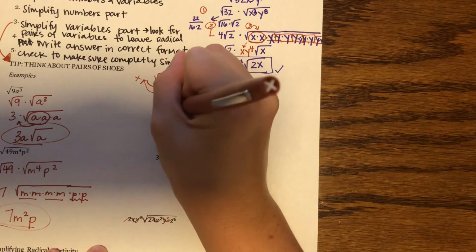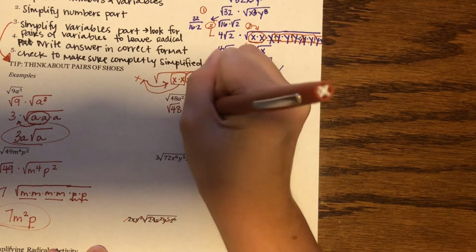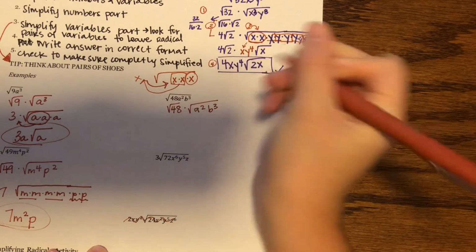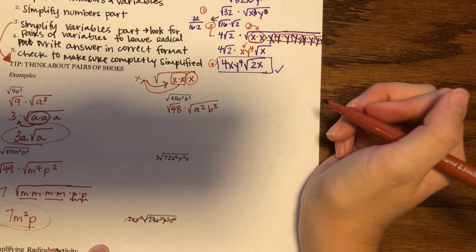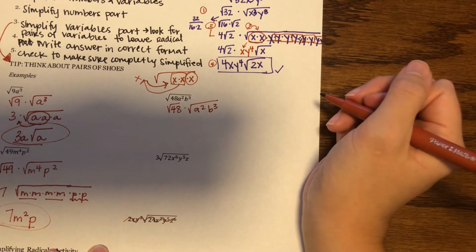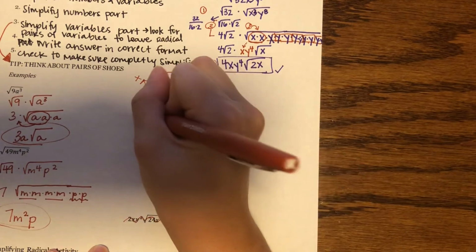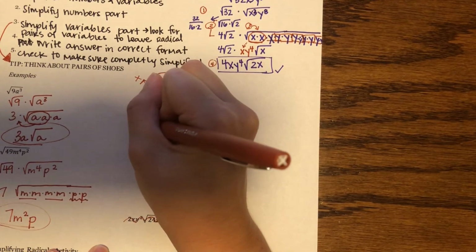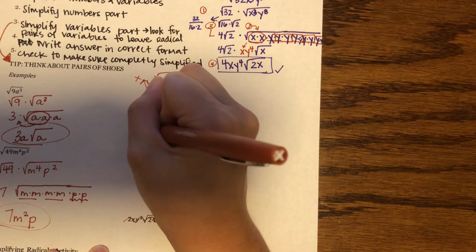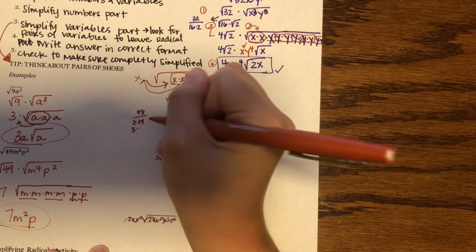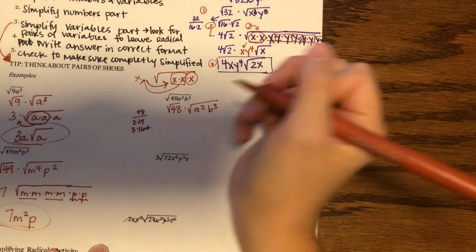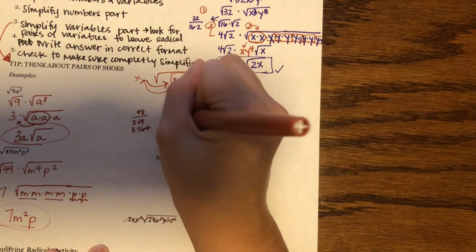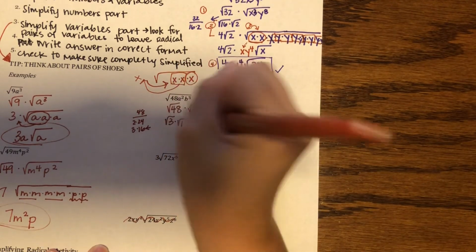Okay, so square root of 48 and square root of a squared b cubed. 48, let's see, 48 we have 2 and 24, 3 and 16. I'm gonna go ahead and go with that one. So square root of 3 times the square root of 16.